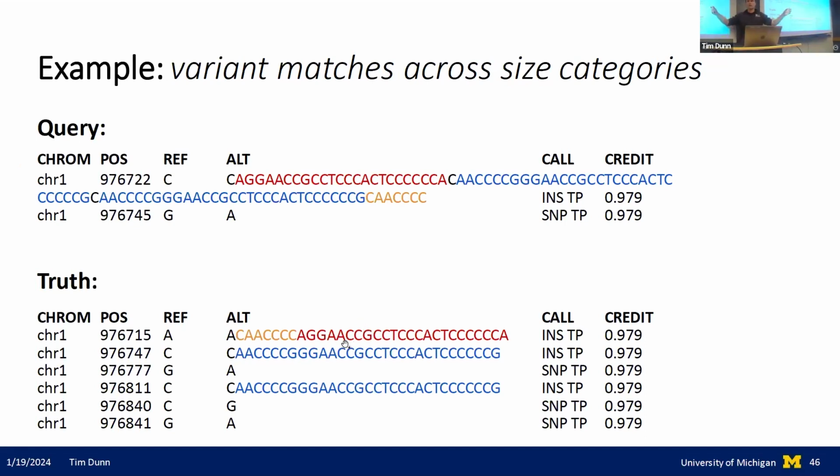So if we were to separate them into 2 different files beforehand and then do the evaluation, we would find that our query had this large structural variant, but our truth had no corresponding large structural variant. So it would think that's a false positive. And then if you look at just the small variants, it would actually also consider this a false positive because there's nothing at the same position. And then it would consider all 6 of these to be false negatives. So we need something that can work with both the large and the small variants at once.